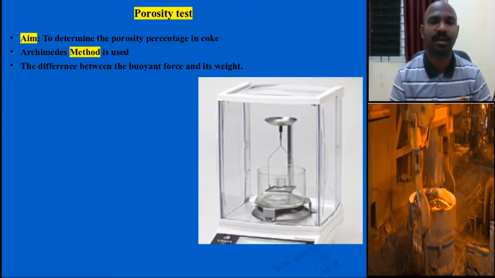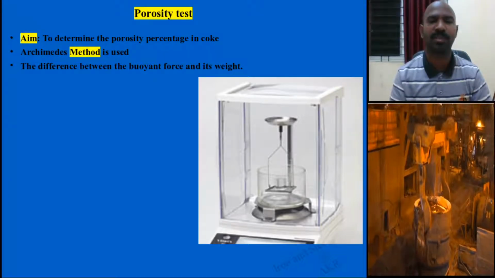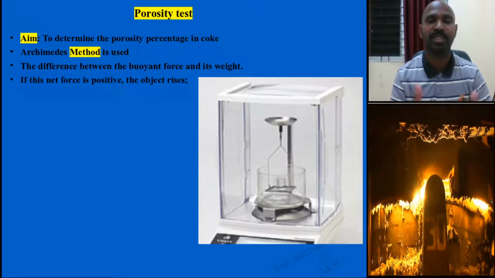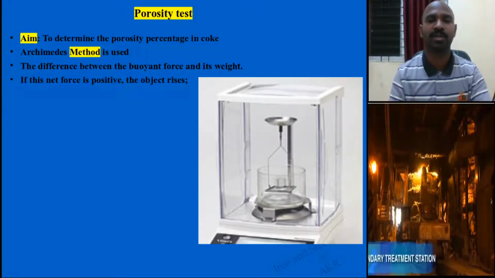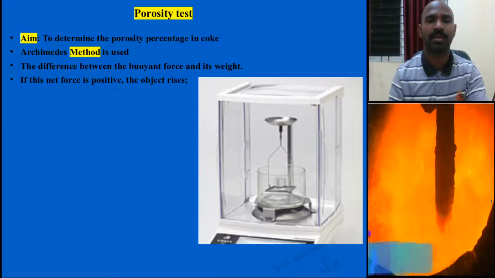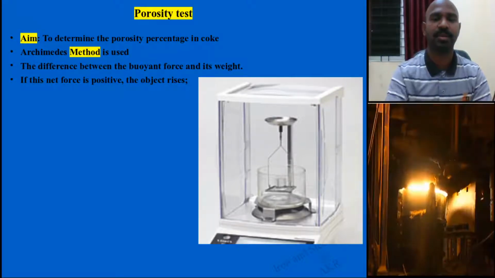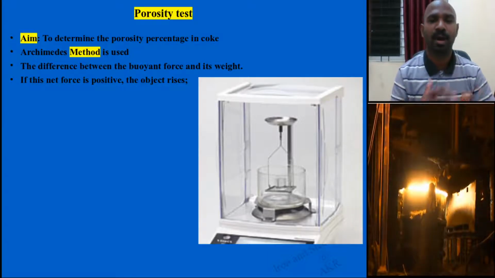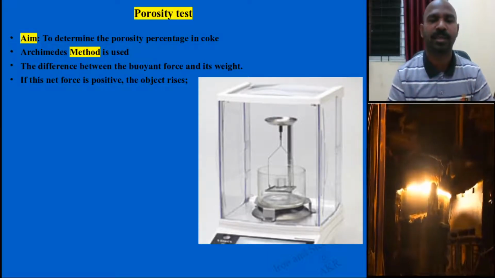If you differentiate between these two, the force index and weight index, then you will come to know a parameter. The weight can also be converted into the force parameter.